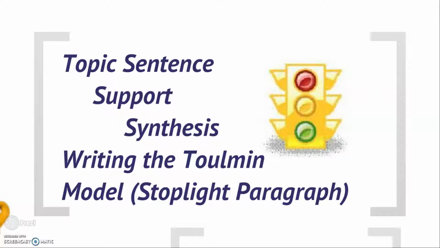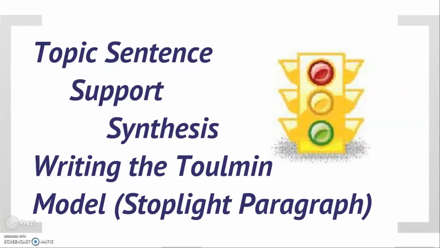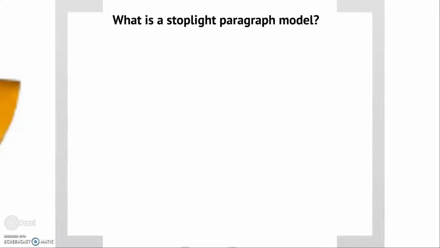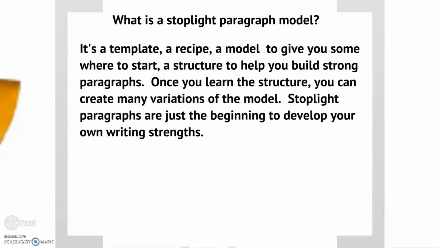If you remember anything from 1050 or 1060, we're looking at the Toulmin model. So what is it generally? It's basically a template. The idea is that you could create any kind of argumentative structure in a paragraph by following just three simple points: claim, data, warrant.